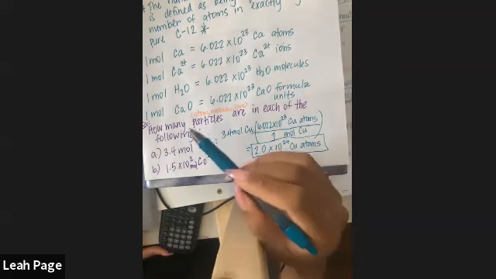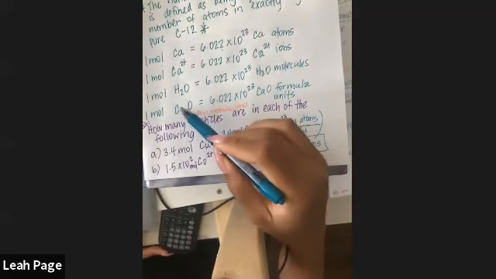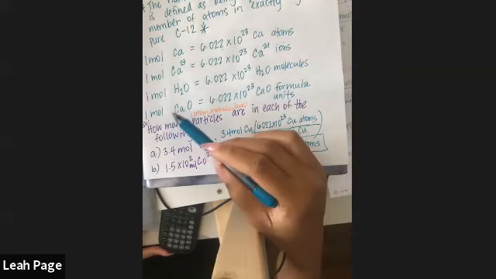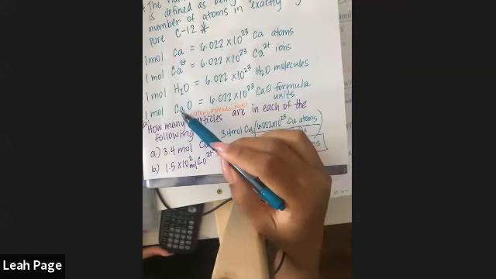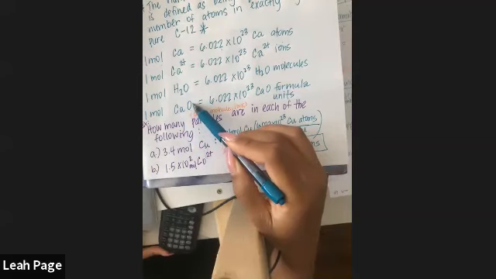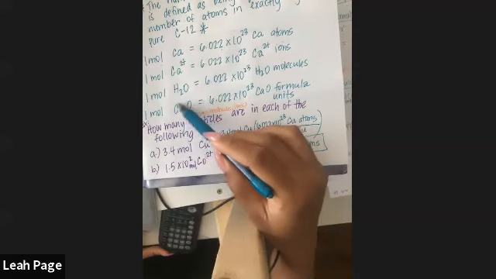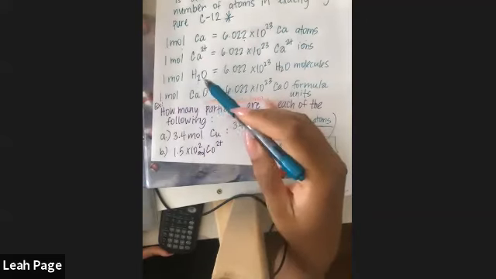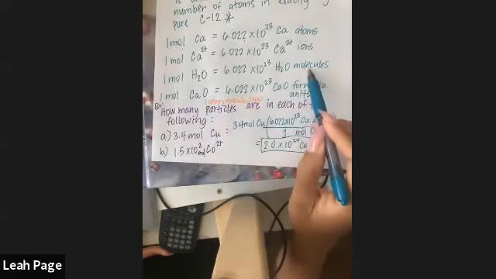We didn't start off with CaO. This is an example that if you have an ionic compound, which is a metal, calcium is a metal, oxygen is a non-metal, we call them formula units. Molecular compounds, we call them molecules.